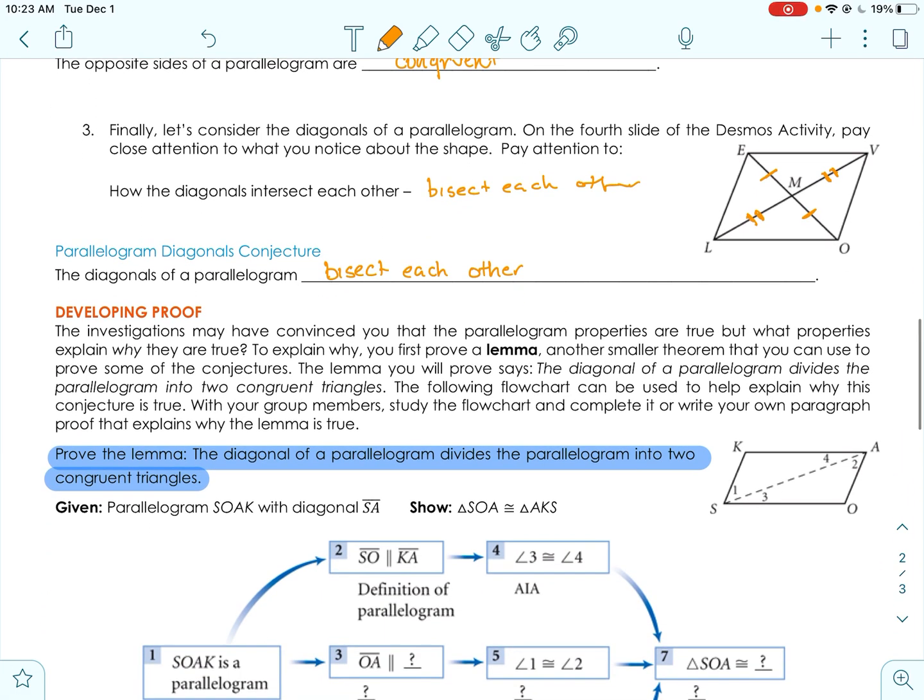So we want to prove that some of these conjectures are true. But in order to prove that these conjectures are true, we do need to prove a lemma.